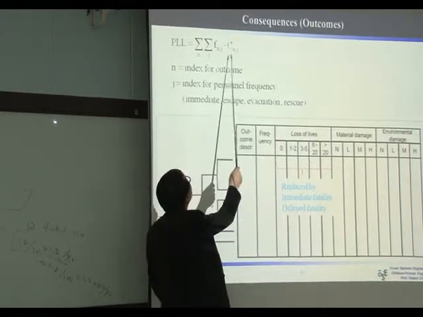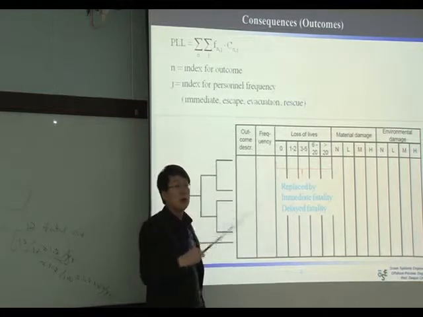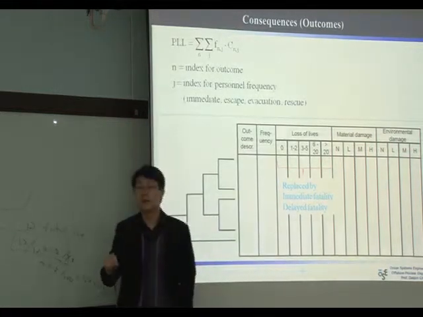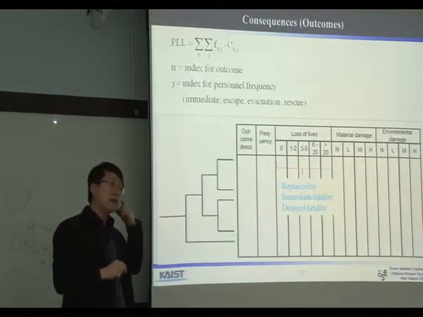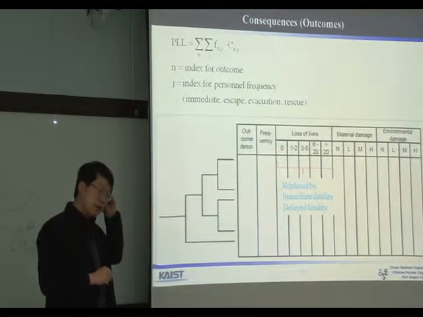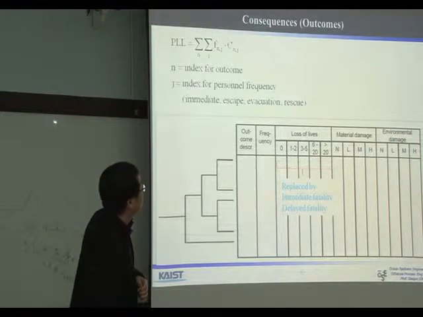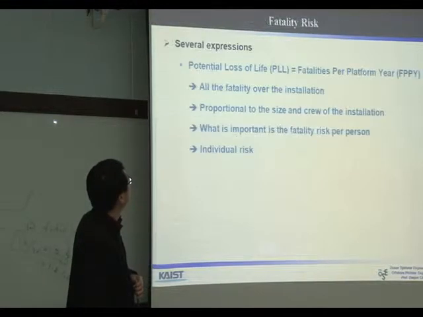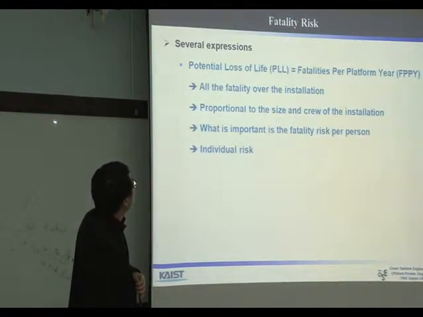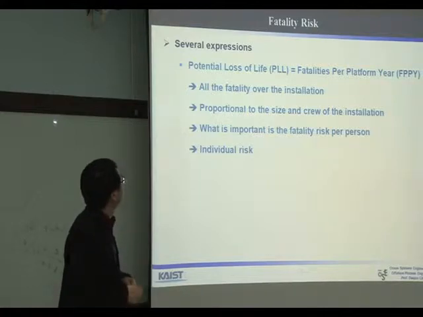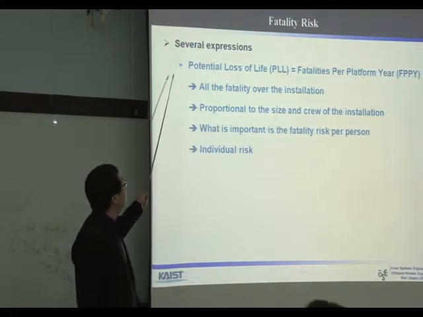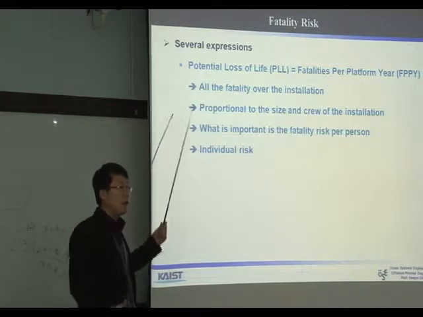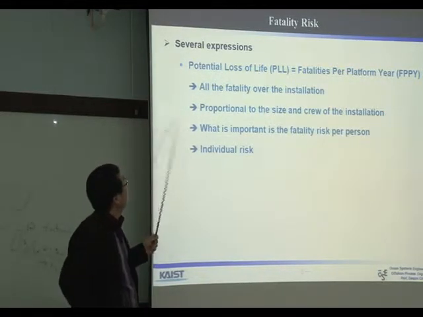So this is the meaning of this equation. All the accidents and all the fatalities concerning the accidents should be accounted for. So in estimating the potential loss of life, all the fatalities of the installation should be summed up.